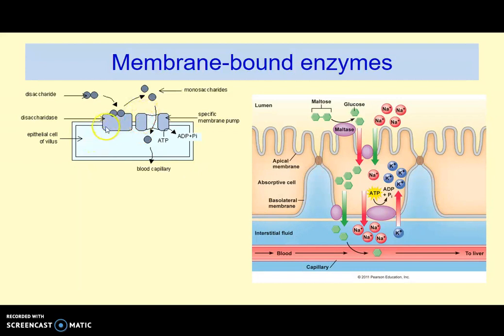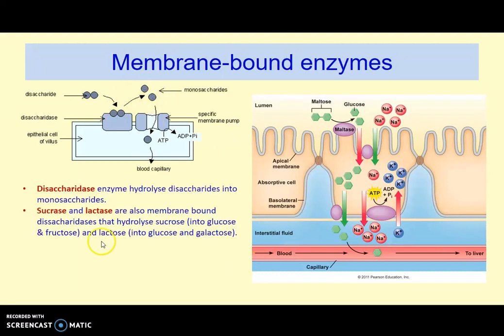This diagram here shows exactly the same thing. It's a little bit more simplified. This uses the term disaccharidase because we've got different disaccharide enzymes. But again, you've got that enzyme substrate complex made here, the hydrolysis reaction takes place, and then we've got our monosaccharides.